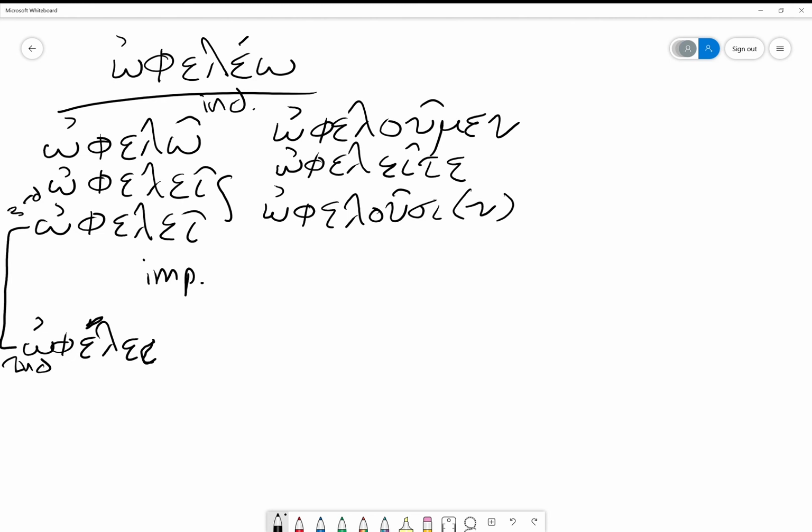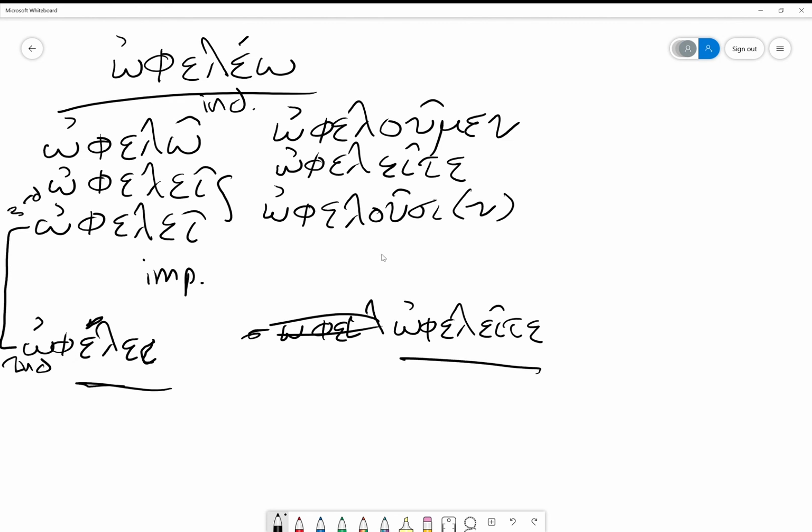That changes it. And then we're going to have ophelete. Okay? And this would be commanding people to help. So if we want to tell a single person to help, we'd say ophele. If we want to tell multiple people, help, ophelete.